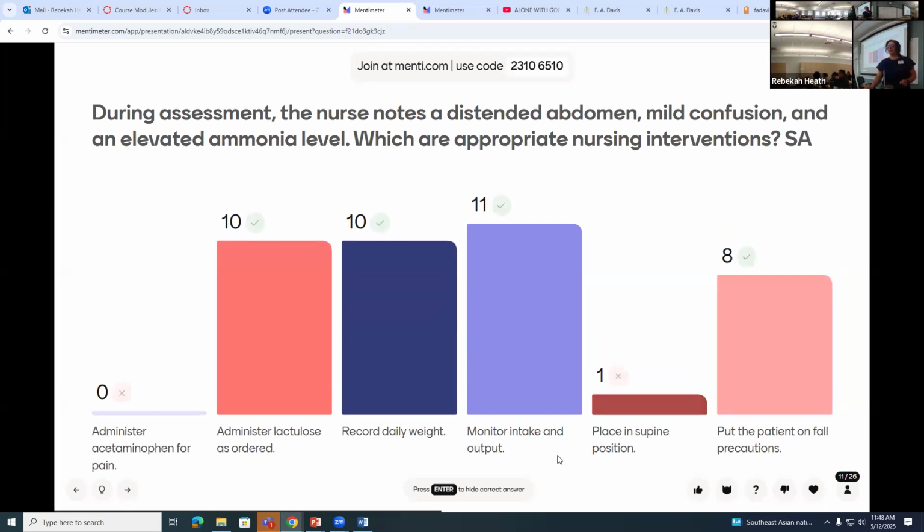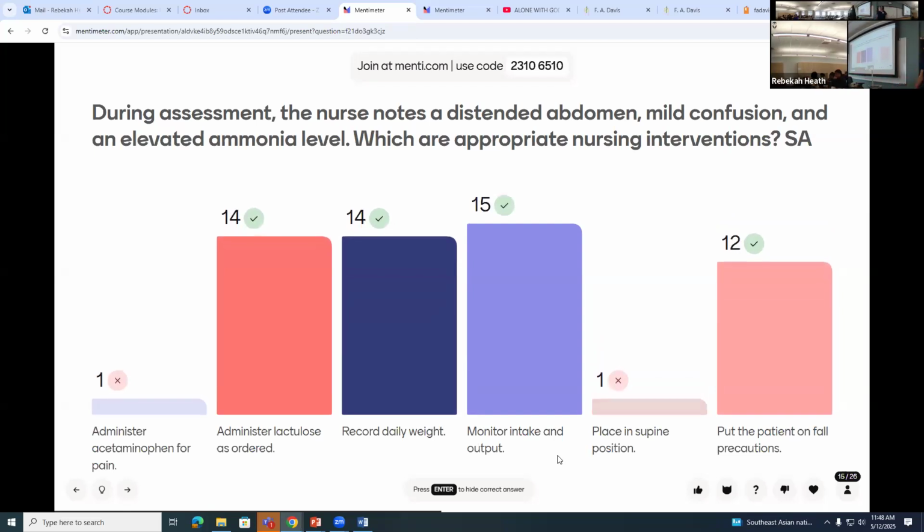Okay, nice job. So we don't want to give Tylenol or acetaminophen. You all got that. The other thing we don't want to do is to place her in the supine position. Remember, if she has distended abdomen, it's probably ascites. If we lay her flat on her back, probably going to cause even more decreased space for her lungs, and she's going to have more difficulty breathing.